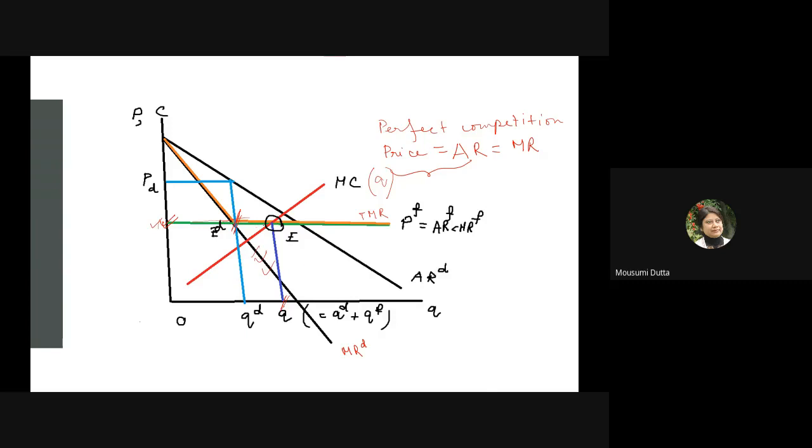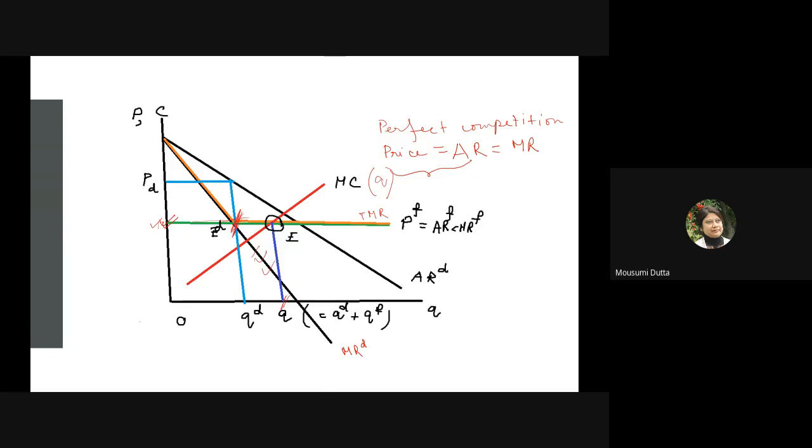Now, once we get the aggregate output, we are spreading the marginal cost line for firm 1. This is the level of marginal cost, equilibrium marginal cost. This marginal cost is cutting the MRD at this point of kink.